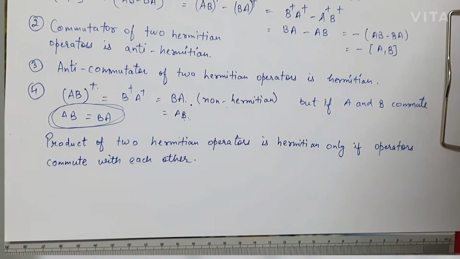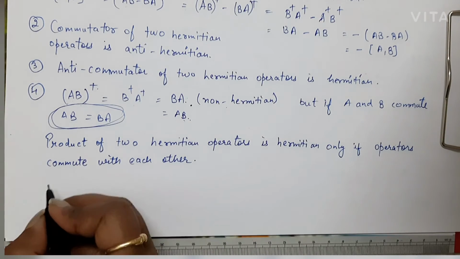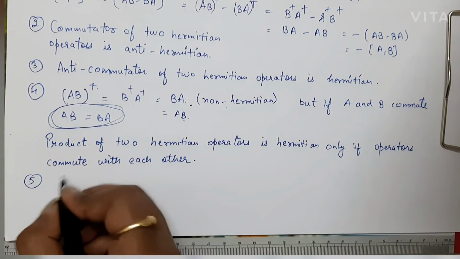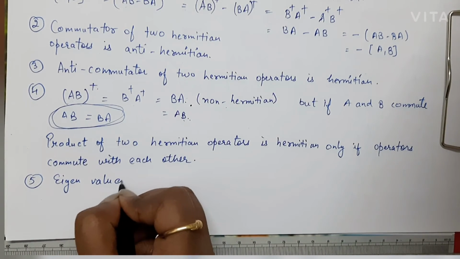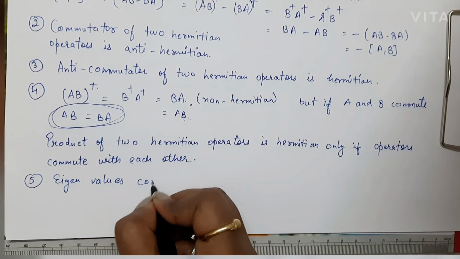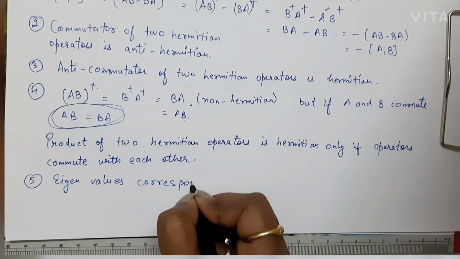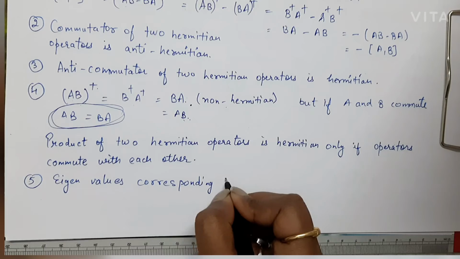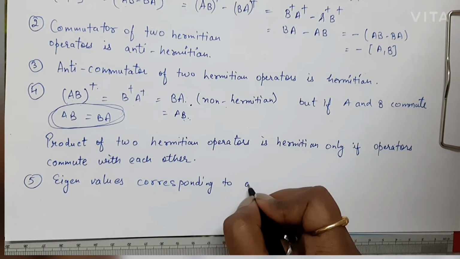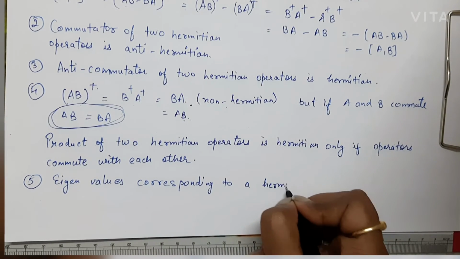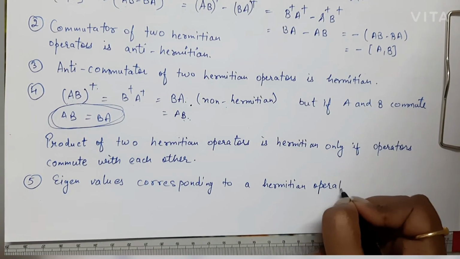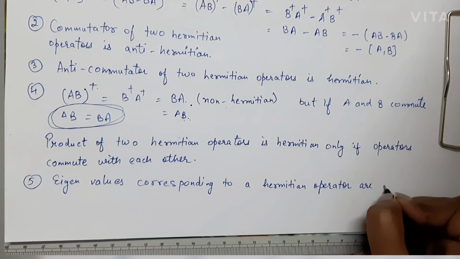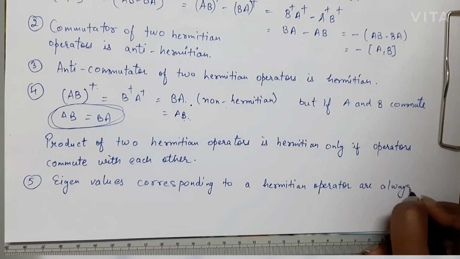So this is the fourth property. Now moving on to the next property, it says that eigenvalues corresponding to a Hermitian operator are always real.